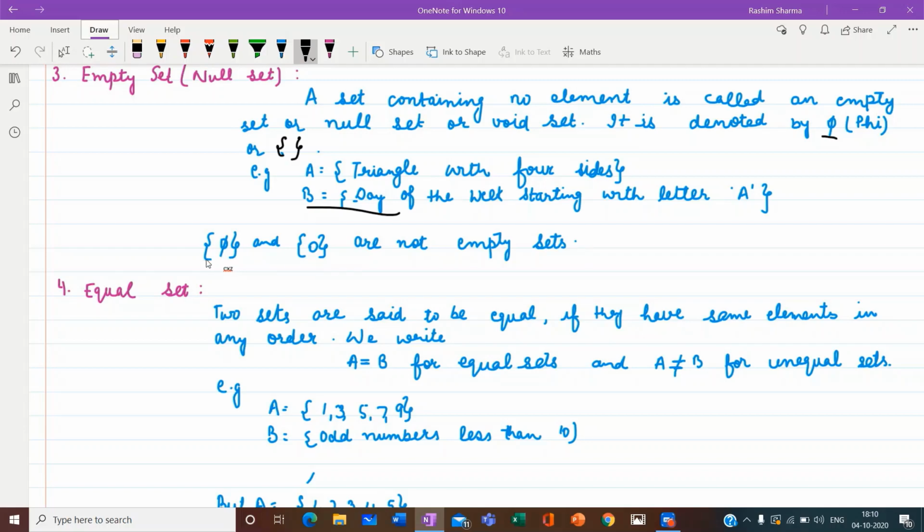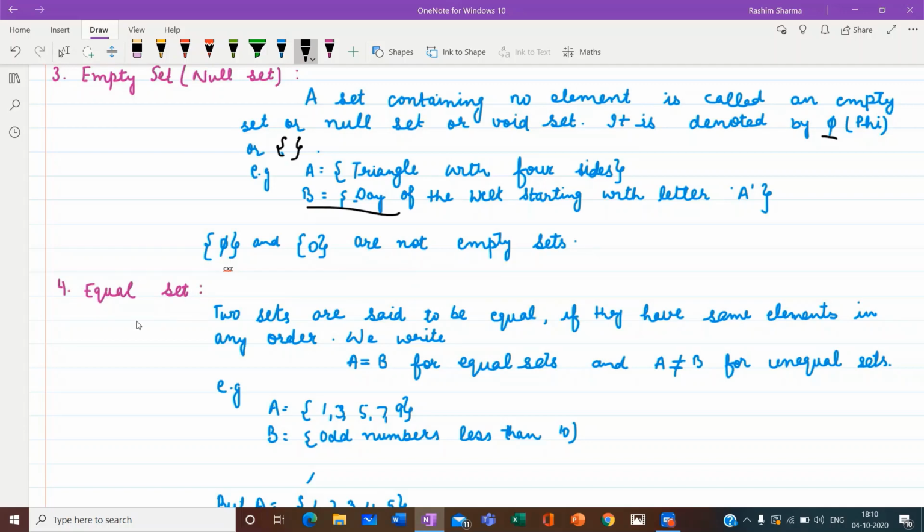Either we put empty braces or phi separately, then it will be an empty set. Both together will not be an empty set, because now there is one element in the set. This element is phi. Or if we write 0 in curly brackets, then also there is one element in the set. So these two are not empty sets.